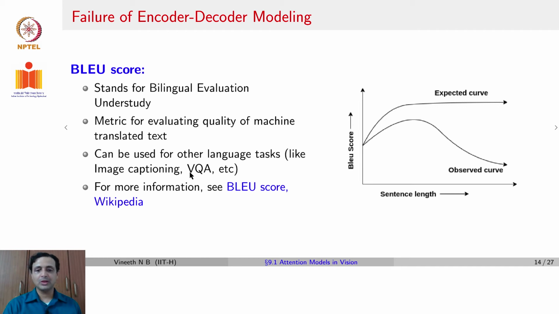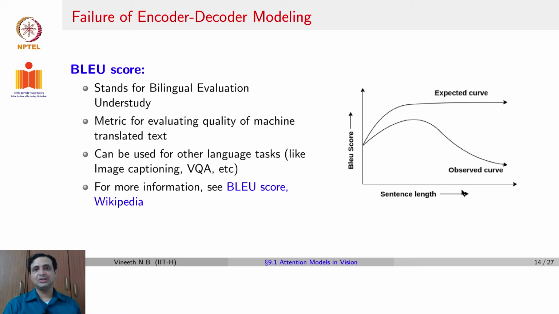When one looks at the BLEU score, one observes that as the sentence length increases, while the expected curve is that you should get a high BLEU score, unfortunately, as the sentence length goes beyond a threshold, the BLEU score starts falling down.